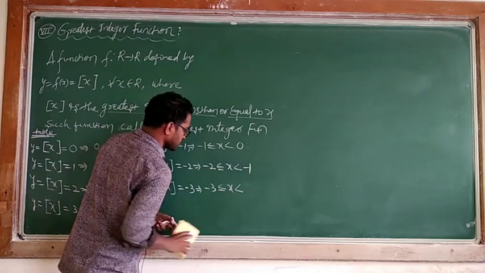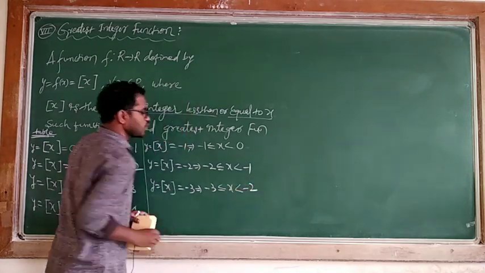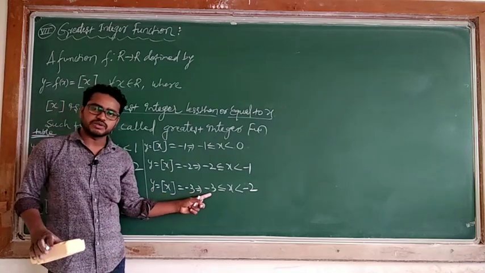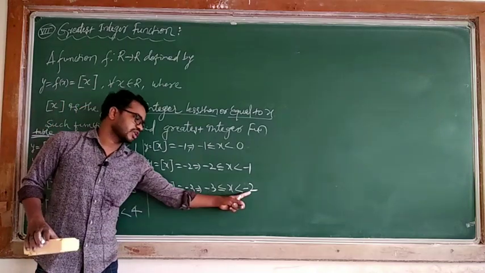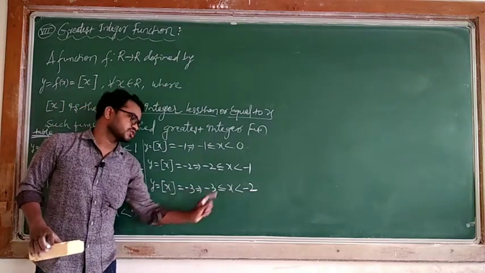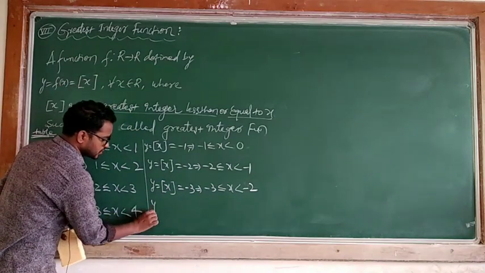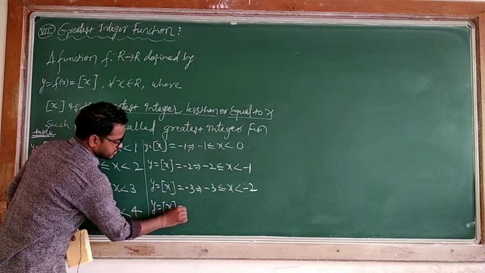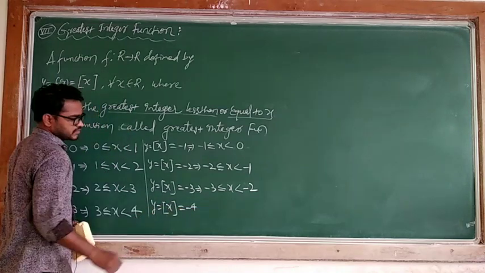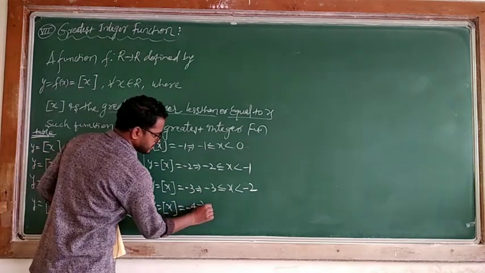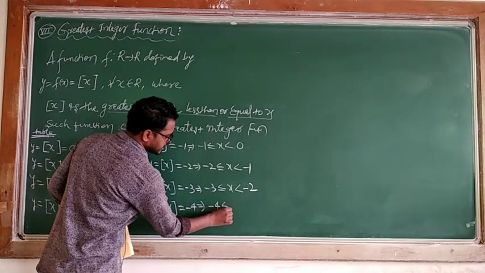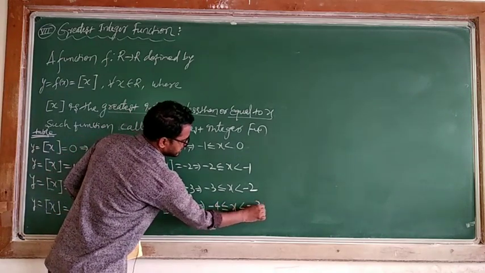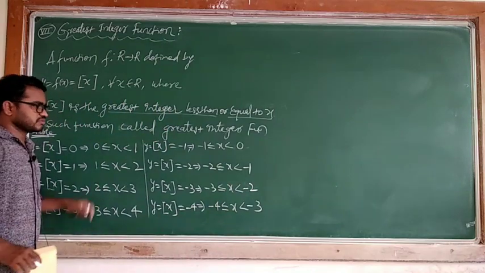Because in the case of negative numbers, the smaller one is the bigger. If y is minus 4, what we will get is minus 4 is less than or equal to x, x is less than minus 3. This is the possible table.